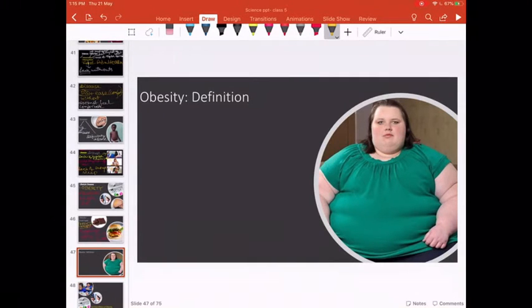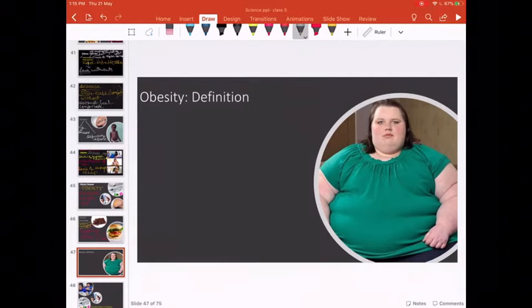So, how can you define overweight? Yes, the picture itself tells what is being fat, being obese, being overweight.